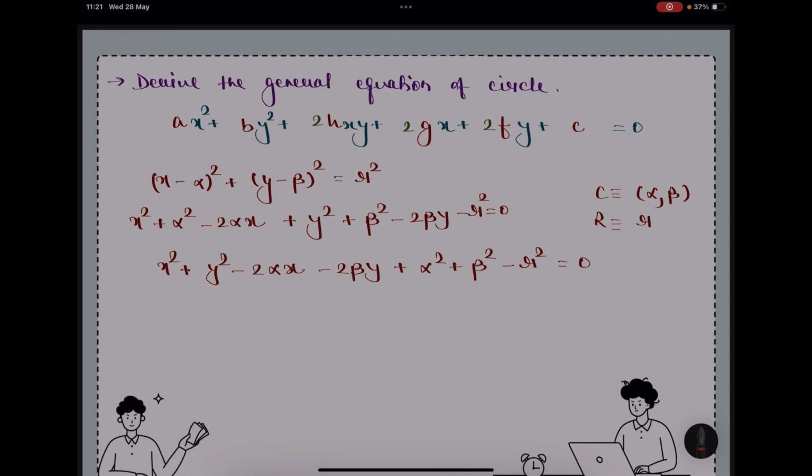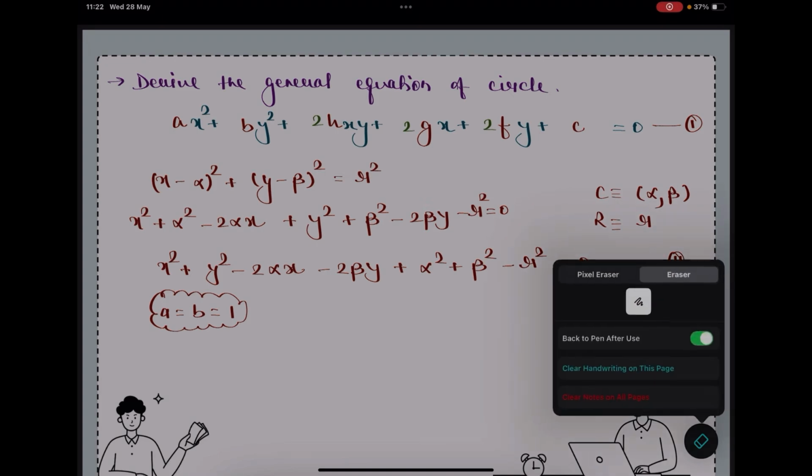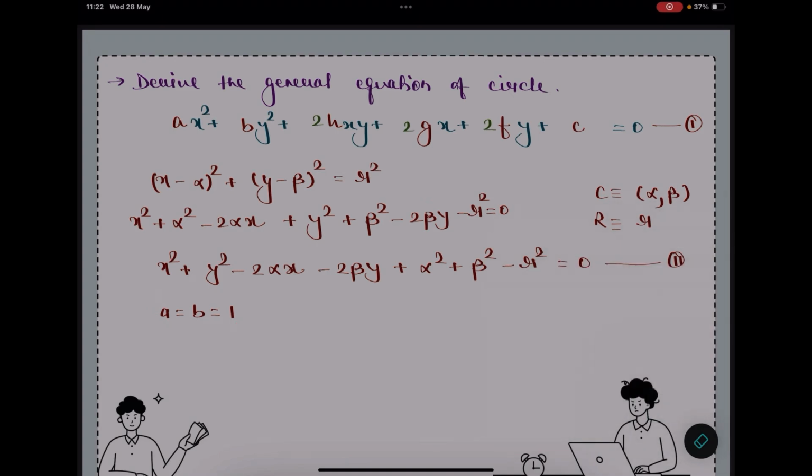Okay, now look at this. You can compare this equation with this equation. You can conclude that here a is equal to b is equal to 1. So here a and b should be 1, and also you got x and y component over here, but the xy component is missing. So can I say that along with this h should be 0?